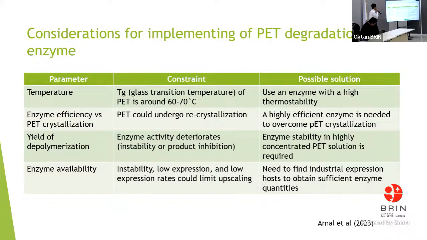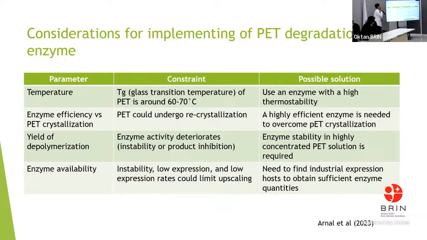The second one is the fact that PET could recrystallize, so we need an enzyme which is efficient enough. The third one is the yield of depolymerization, because over time the enzyme activity could deteriorate due to instability or product inhibition. Because of the many degradation products, the enzyme will be inhibited.